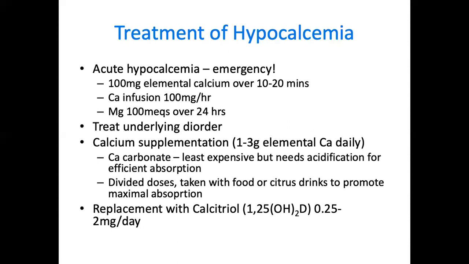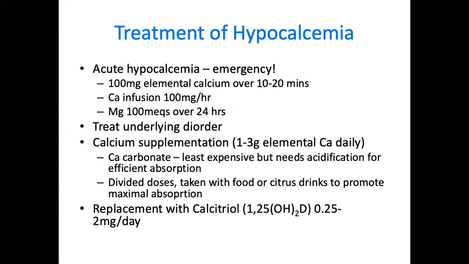Calcichews also is calcium carbonate. This is the least expensive, but we need to acidify it for efficient absorption. It can be given in divided doses. Usually it comes as calcium carbonate 500 milligrams or 600 milligrams plus vitamin D.